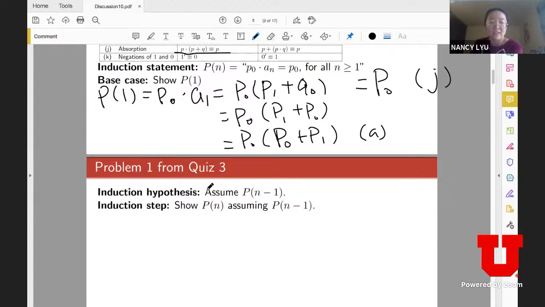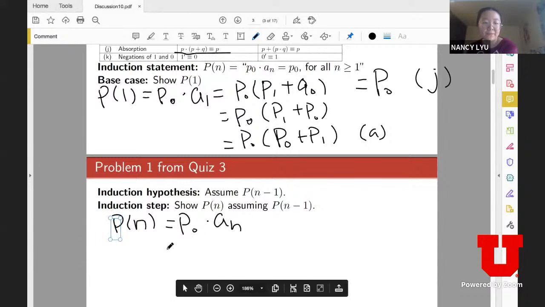And then we have the induction hypothesis: assume that Pn minus 1 is true. And we want to show that Pn is true, assuming Pn minus 1 is true. So we first start with our Pn. We write out what Pn is. So Pn is P0 dot An.